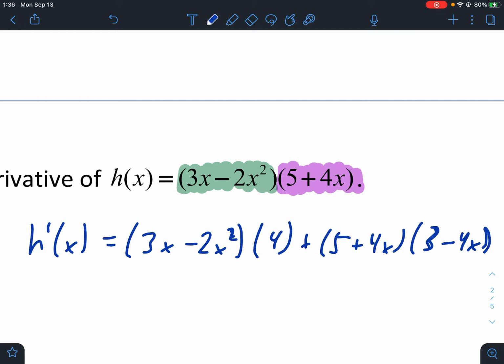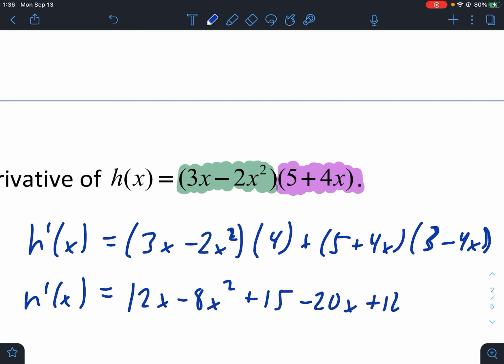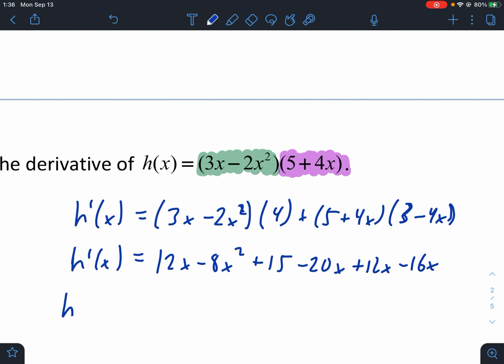There's really no need to simplify this unless you want to, or in case this was a multiple choice question. So if we did simplify this, we would get the following. And then combining like terms, we would get negative 24x squared plus 4x plus 15.